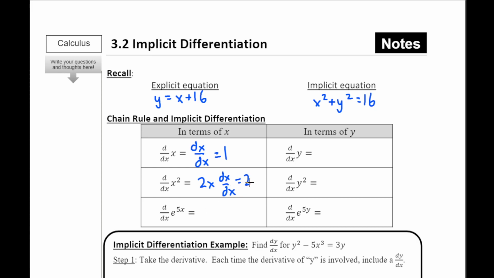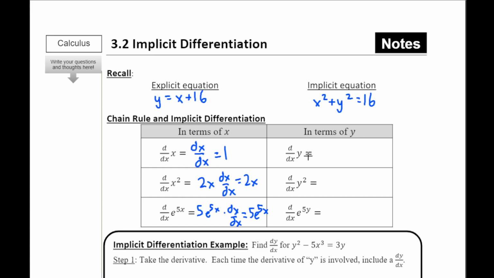And it's just 2x, right? And derivative of e to the 5x is 5e to the 5x times dx over dx, which is just 5e to the 5x. We never write the dx over dx normally, because we don't need to.